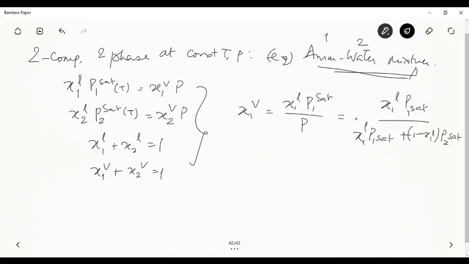Okay. So this is total pressure. The total pressure is basically X1 P1 sat plus X2 P2 sat. So X1V is done, and then X2V is equal to 1 minus X1V. And once this is done, you can actually calculate the quantities.